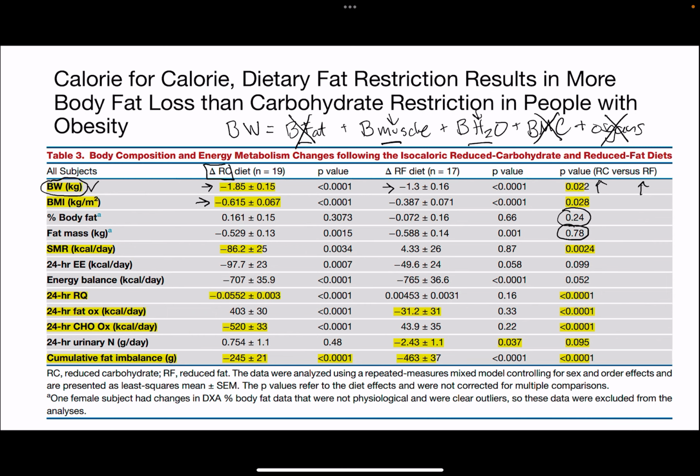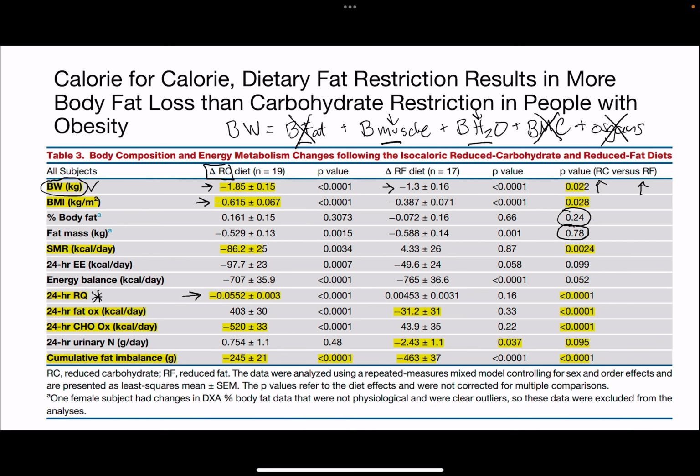We also can look at our respiratory quotient. We see that the RQ is actually lower, and that makes sense because they're burning fat, but they're also consuming more fat because they're on the reduced carbohydrate diet.